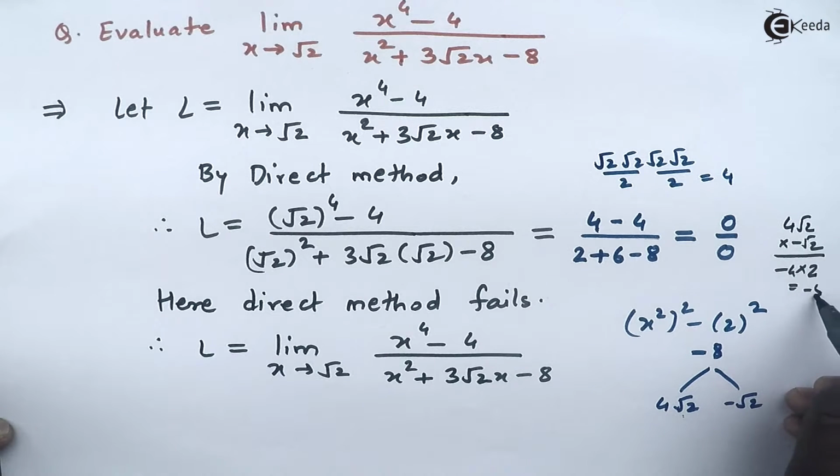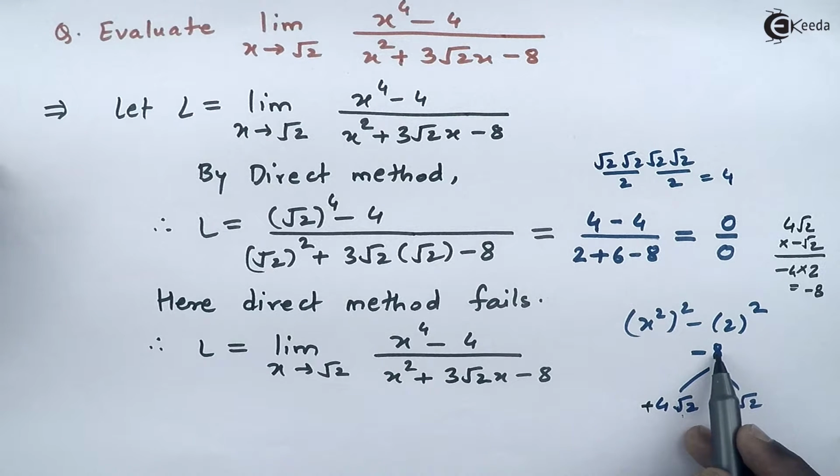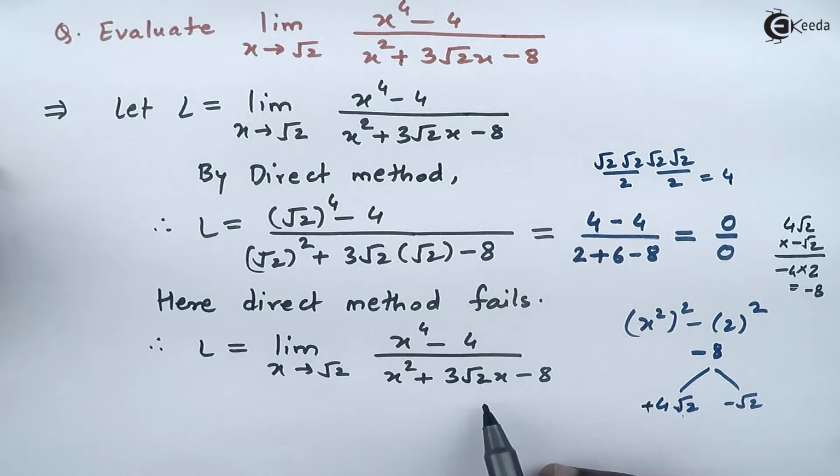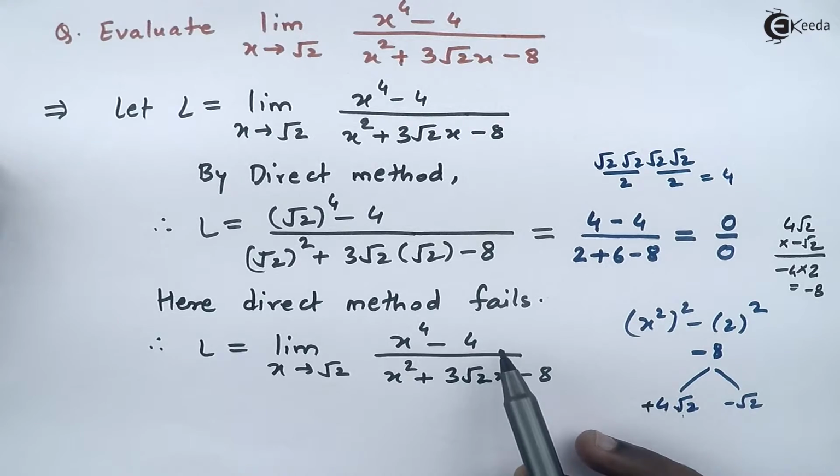It means we will get minus 8. So multiplication is minus 8. Let's see the addition. If we add 4 root 2 with minus root 2, we get 3 root 2. It means these two are the factors. So hence we are getting factors for the denominator as well as factors for the numerator. Hence here we will use the method of factorization.